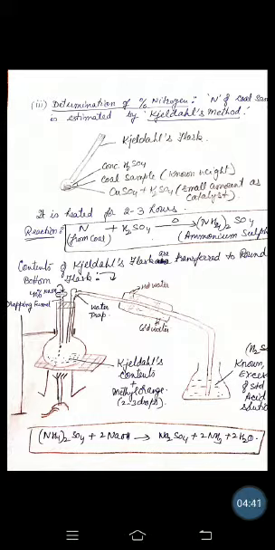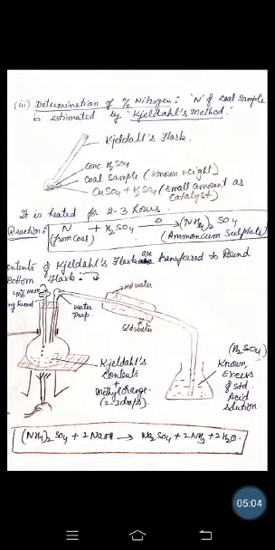This condenser has a setup in which cold water is circulated, and when the hot vapors of ammonia come in contact with it, the ammonia gas gets condensed, liquefies and gets collected in a conical flask.